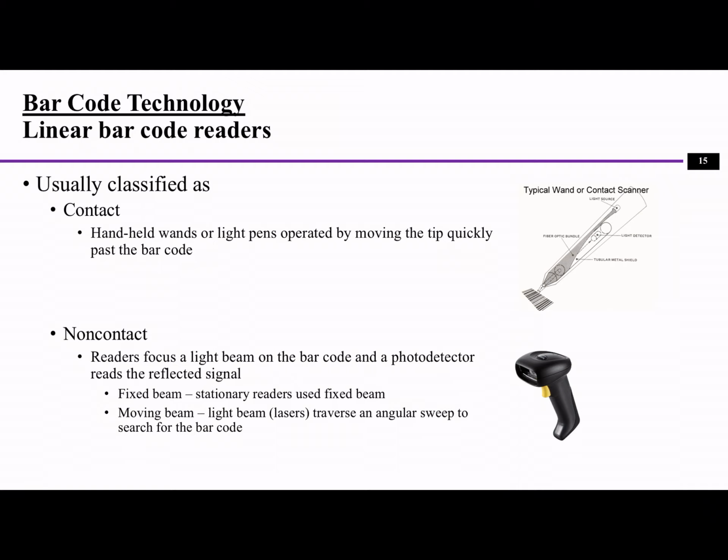Another one is the moving beam. The moving beam means the beam itself will move up and down or left and right. So all you need to do is just keep the product there, right? Sometimes there will also be moving products, and as long as the moving beam scans all the bars, then it can actually read.